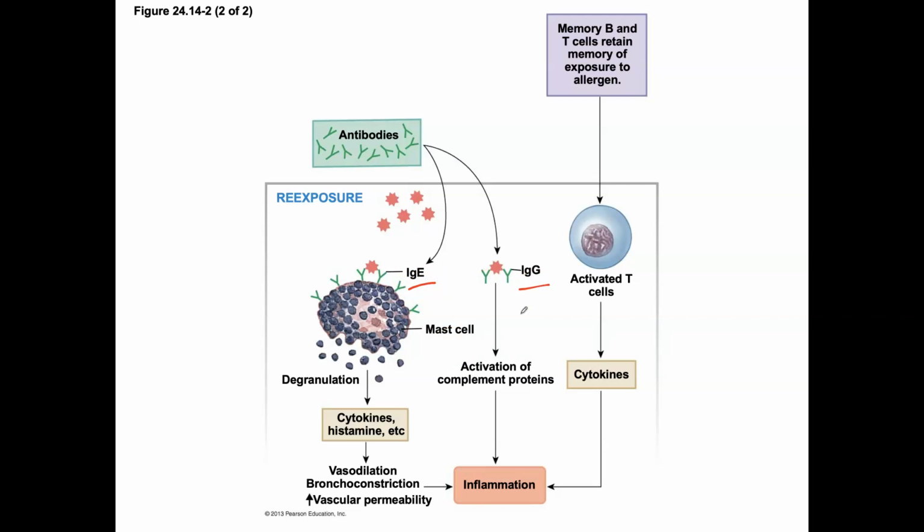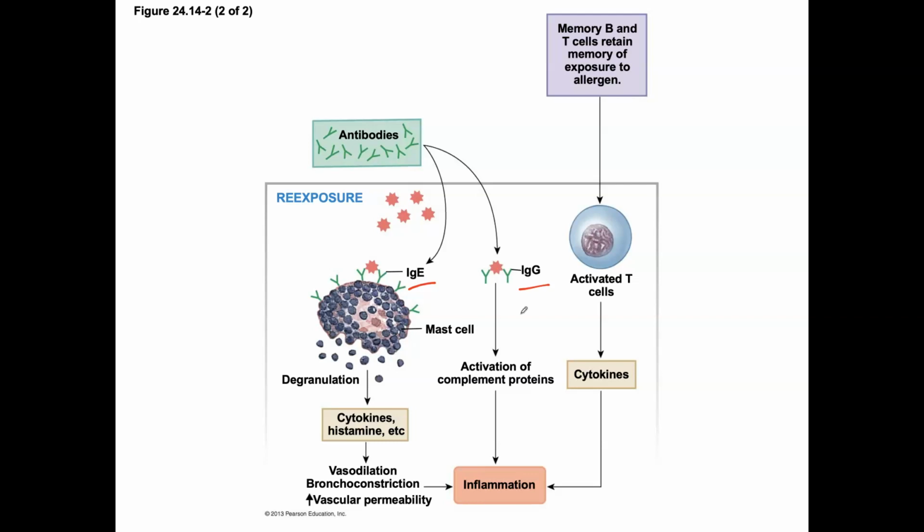The IgE antibodies are immediately going to interact with mast cells and basophils found within the body. The IgG antibodies are going to circulate in the blood and wait for re-exposure to the same allergen.